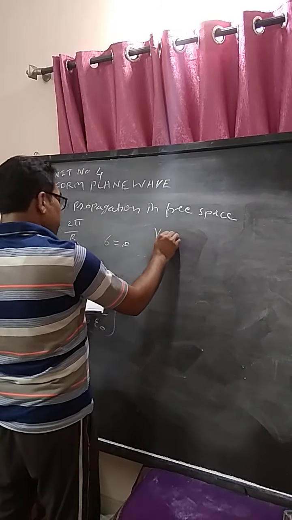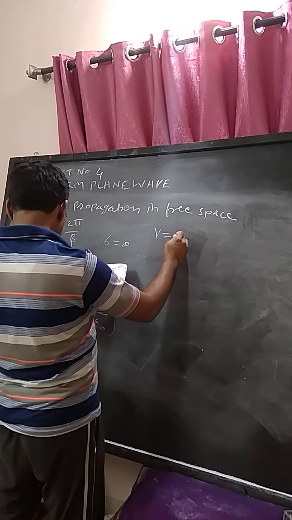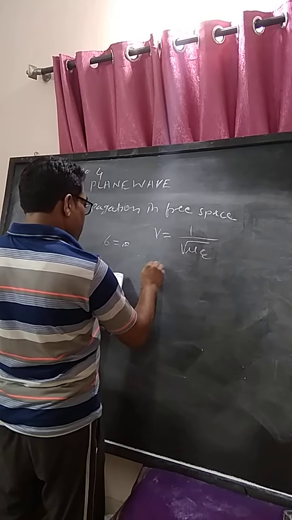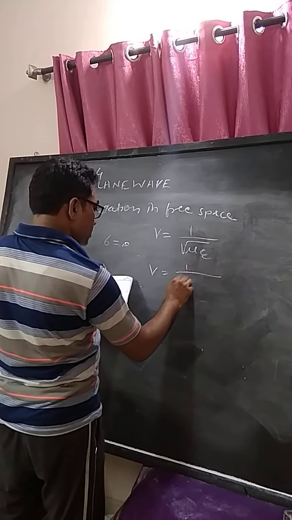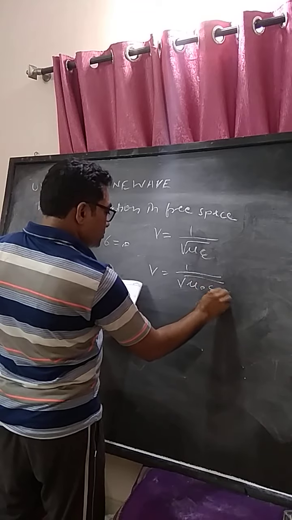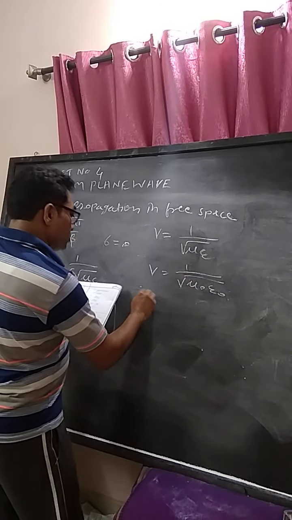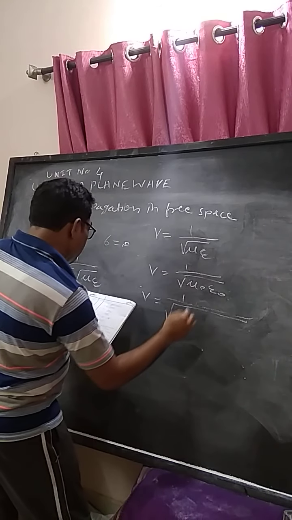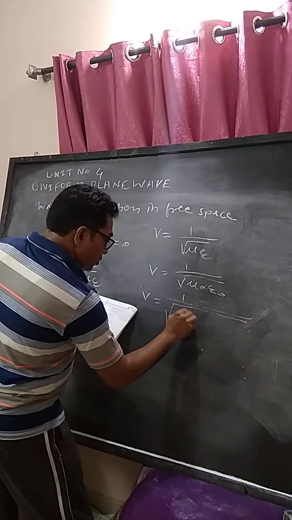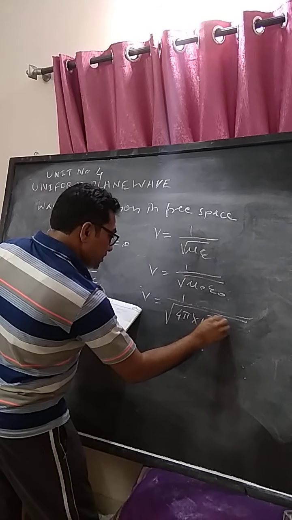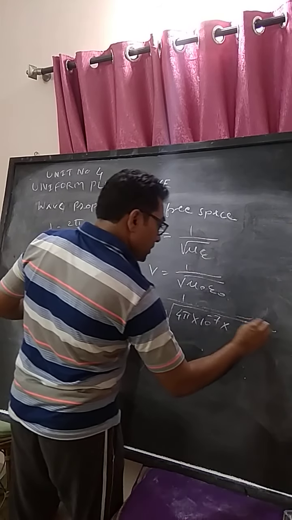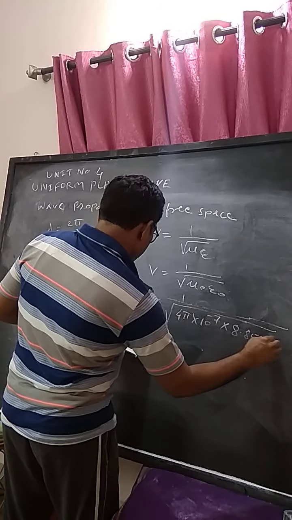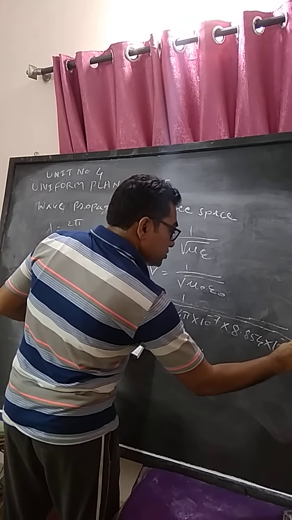Similarly, the equation of velocity is v equal to 1 upon under root of mu epsilon. So again v equals 1 upon under root of mu 0 epsilon 0 for free space. Putting the values, mu 0 is a constant value 4 pi into 10 raised to power minus 7, multiplied by epsilon 0, whose value is 8.854 into 10 raised to power minus 12.